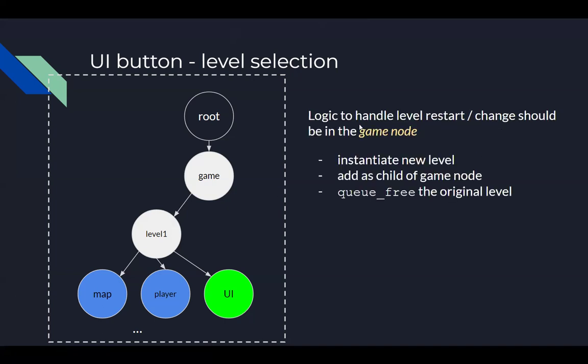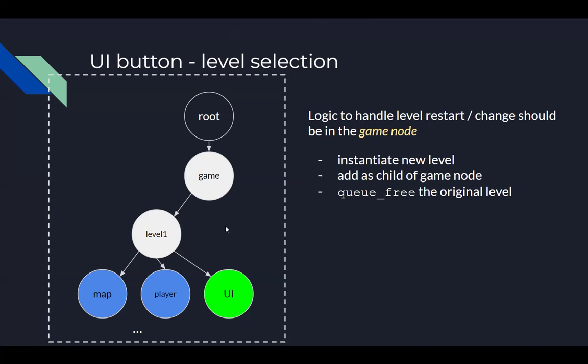We were talking about the logic to handle the levels, right? The logic should be in the game node itself, because it should be separate. It should be some node that's above all the levels, which should be a script attached to the game node. So how do we handle the levels?